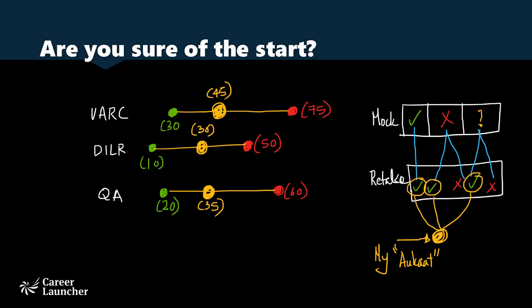So let's say my real story is that if I had all the time with me, in VRC I would have got a score of 45, in DLR I would have got a score of 30, and in QA I would have got a score of 30 to 35. And this particular aukaat score is absolutely crucial in your journey. Just by taking a mock test, whatever score that you get in the mock test, don't make any sort of inference based on that.